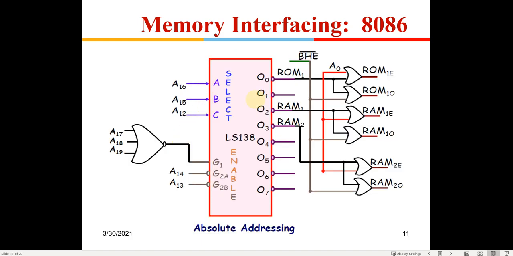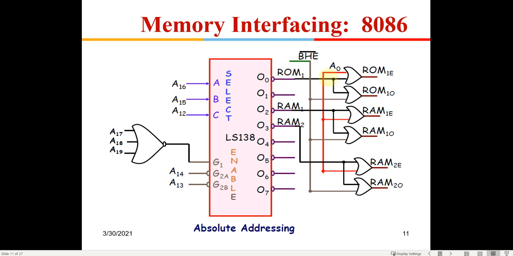Now these three inputs are there, so one of these outputs will go low, as this is active low, whichever is the desired output. Now the chip select finally also has to go low. Although it's written ROM 1E, this output has to go low. The selected chip has to go low.